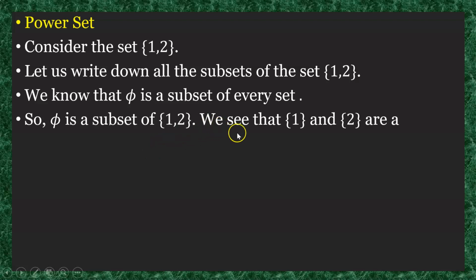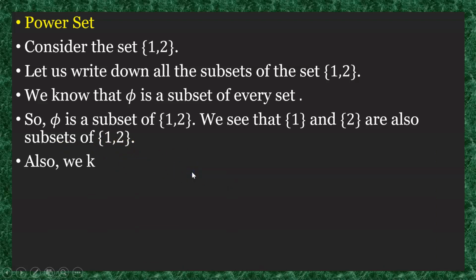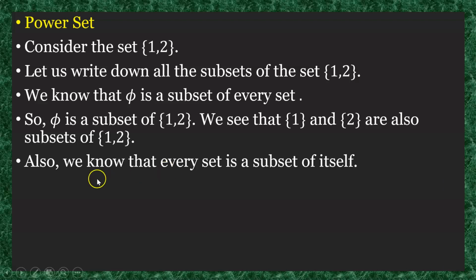We can write the singleton elements {1} and {2} as subsets of {1, 2}. Also, every set is a subset of itself, so {1, 2} is a subset of {1, 2}.